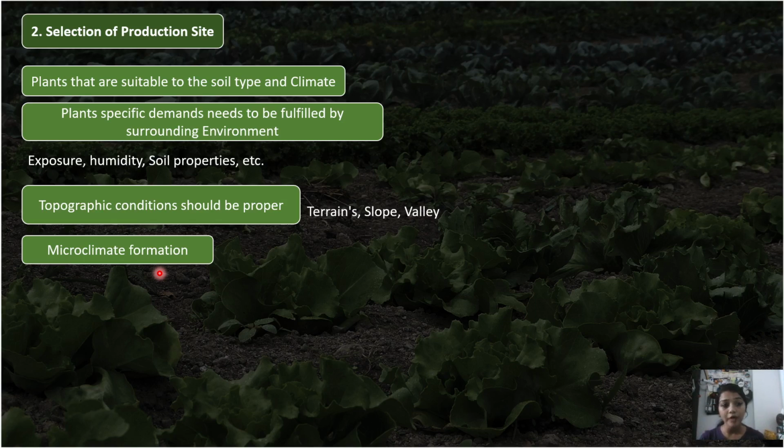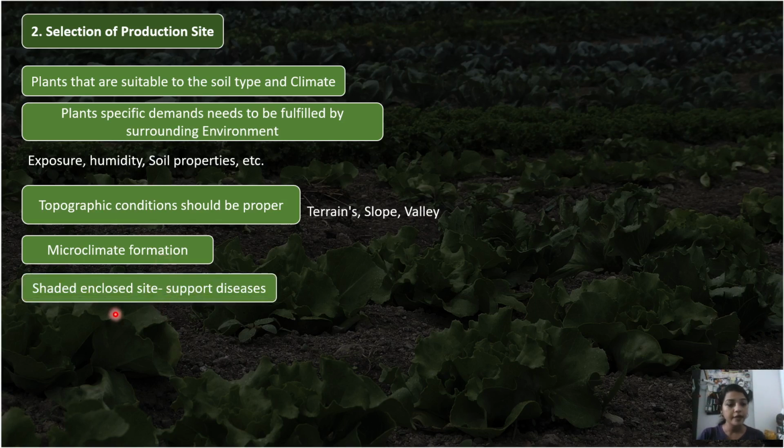So that is microclimate formation, which is very important for the ecosystem to be stable, right? So in organic farming, whatever the production site, it should become like a small microclimate, right?